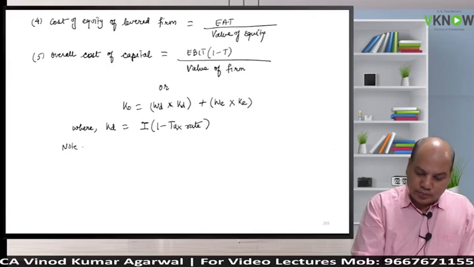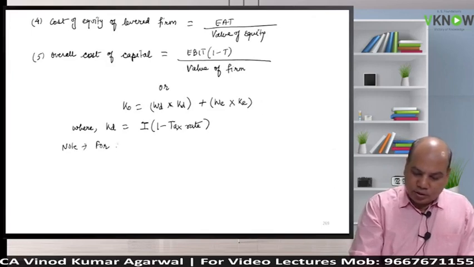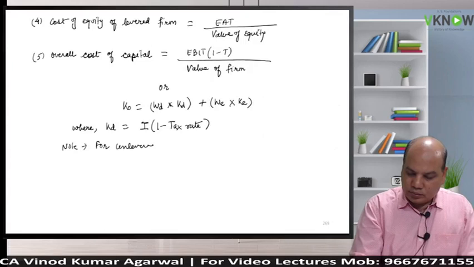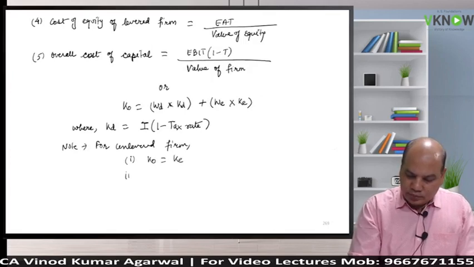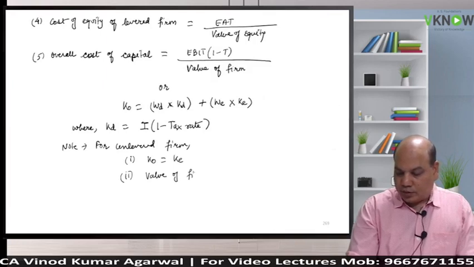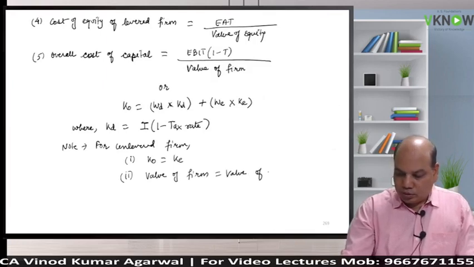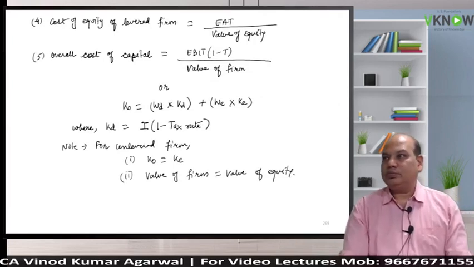Note, for unlevered firm, point 1, KO is equal to KE, value of firm is equal to value of equity.